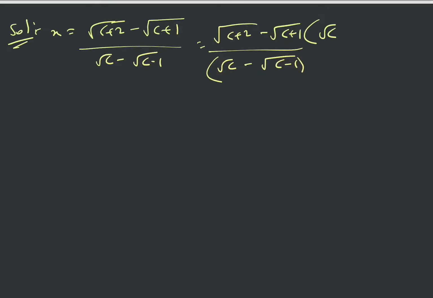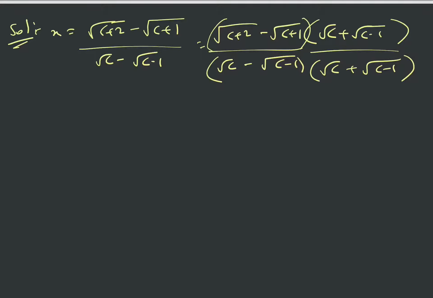You just multiply with the conjugate, right? So you just multiply and divide with root c plus root c minus 1 and by root c plus root c minus 1, right? So if you multiply this, this is root c plus 2 into root c.